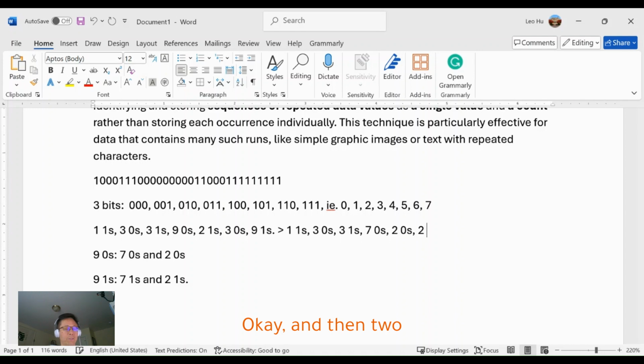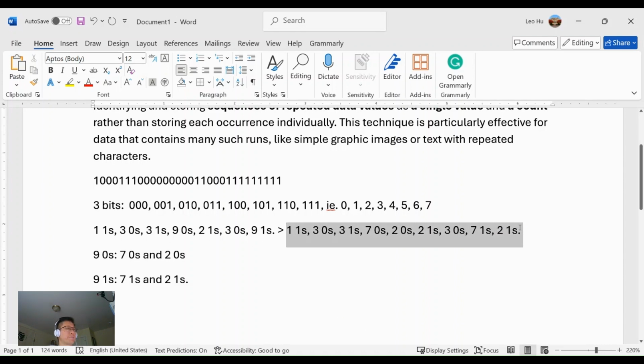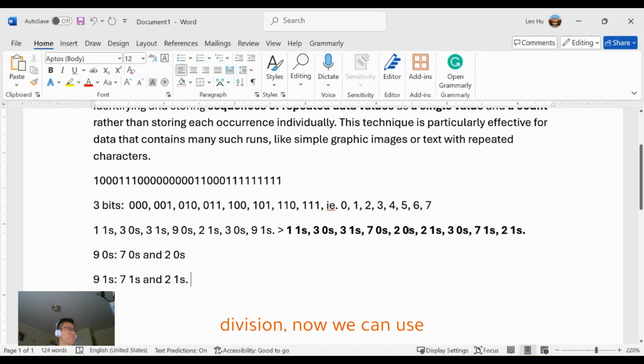Okay, and then 2 ones, 3 zeros. And then the last will become 7 ones and 2 ones, right? So for this division, now we can use RLE to represent it, right?